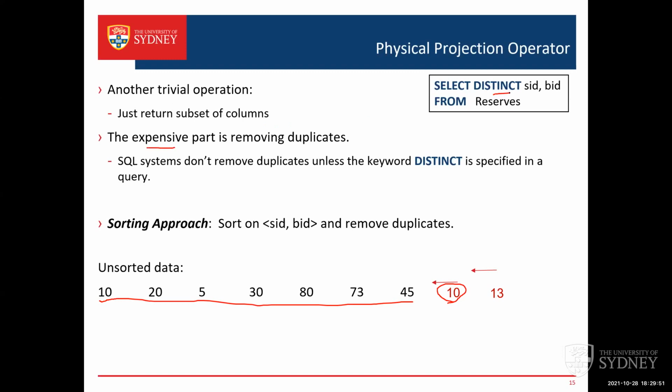Unless you specify that you need distinct data, the query automatically does not do that. But if you say distinct, or if you write order by, we want the data in a particular order. At that time, the query has no option but to order the data.